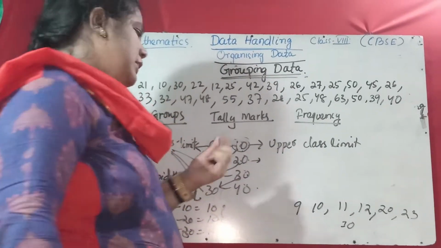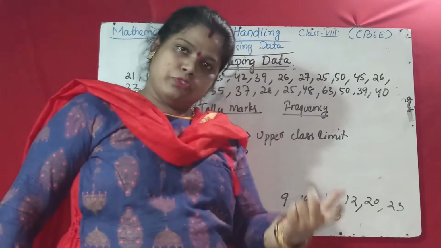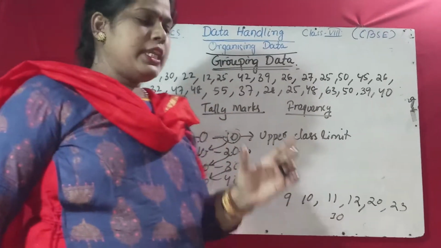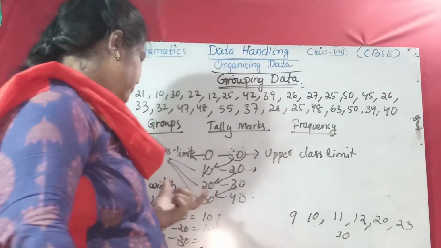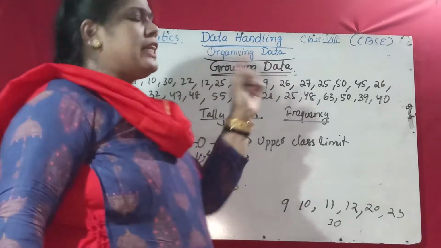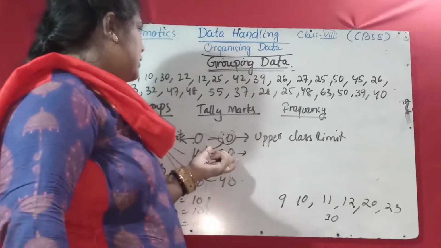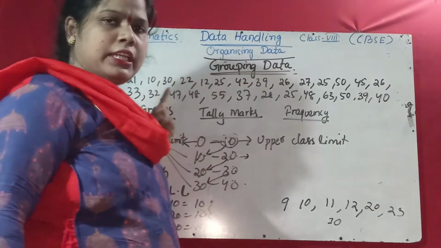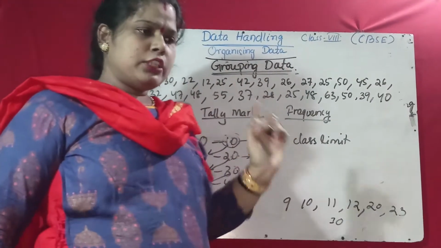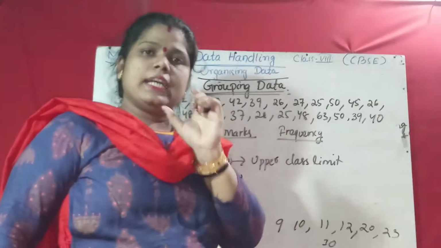You will choose the difference as 10, or 20, or 25, or maybe 100 or 50, according to the data given. Suppose a small number, then we take 10. Suppose 500, 800, 300, 200, 250, then we can take 100 to 200, 200 to 300, 300 to 400, so the size of the group will be 100.